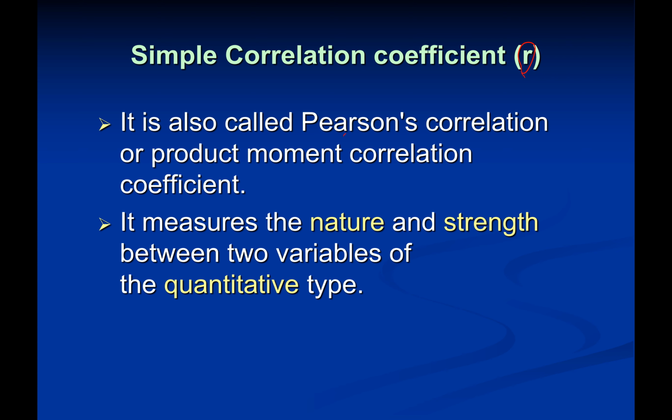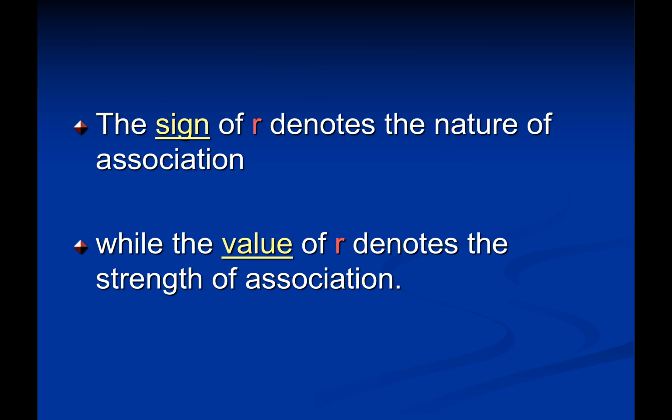It's also called Pearson's correlation or the product moment correlation coefficient. Pearson's correlation coefficient measures the nature and strength of the relationship between two quantitative variables. Again, we concentrate on quantitative variables. And the sign of r denotes the nature of the association, so either it's direct or indirect, positive or negative.